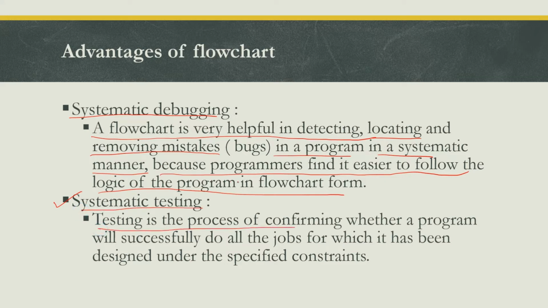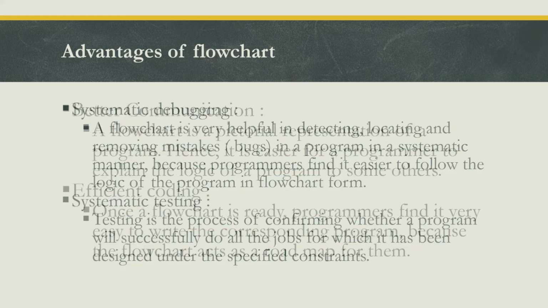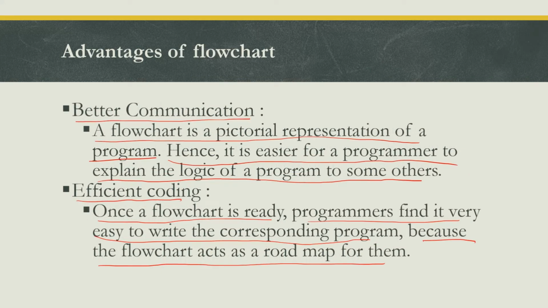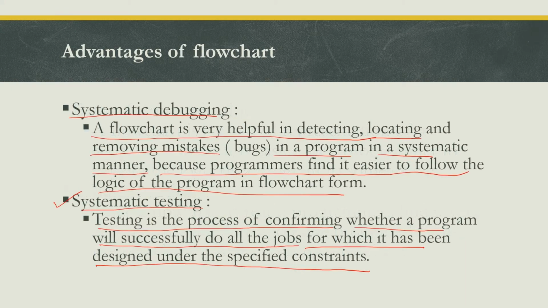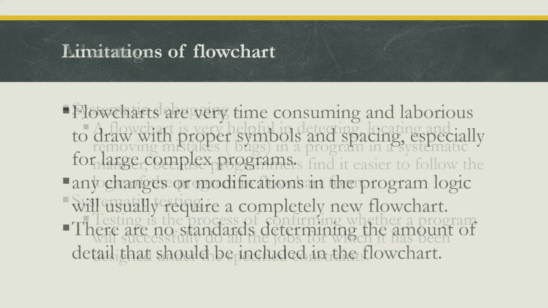Testing is the process of confirming whether a program will successfully do all the jobs for which it has been designed under the specified constraint. So these are the four advantages: better communication, efficient coding, systematic debugging, and systematic testing.